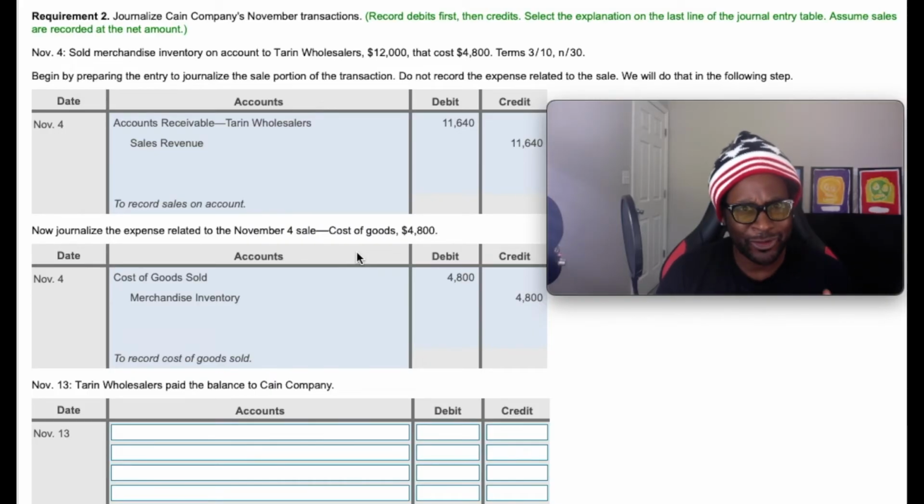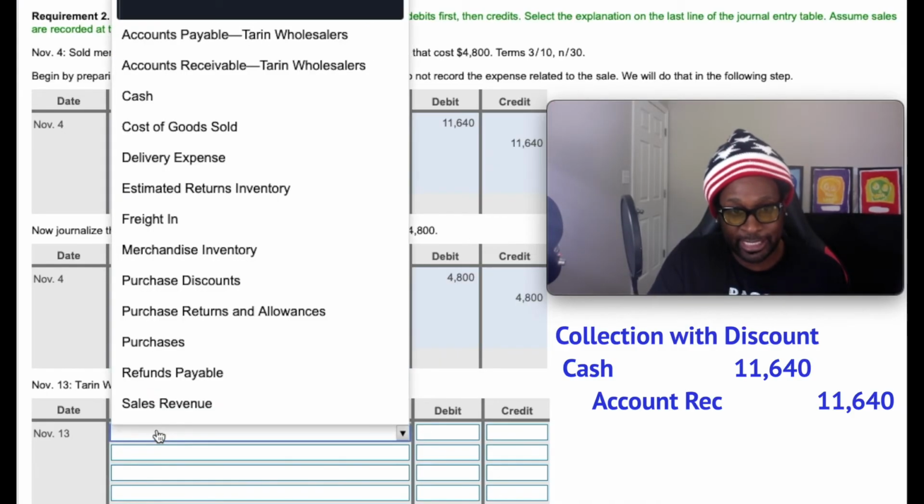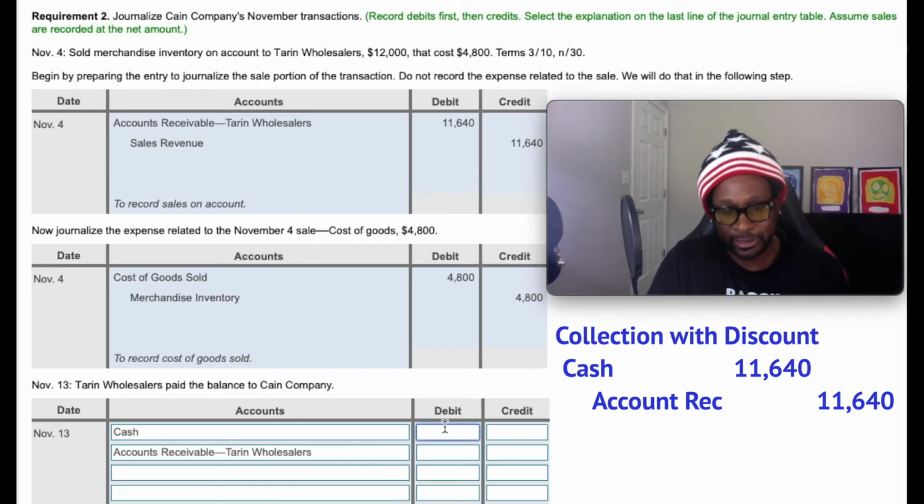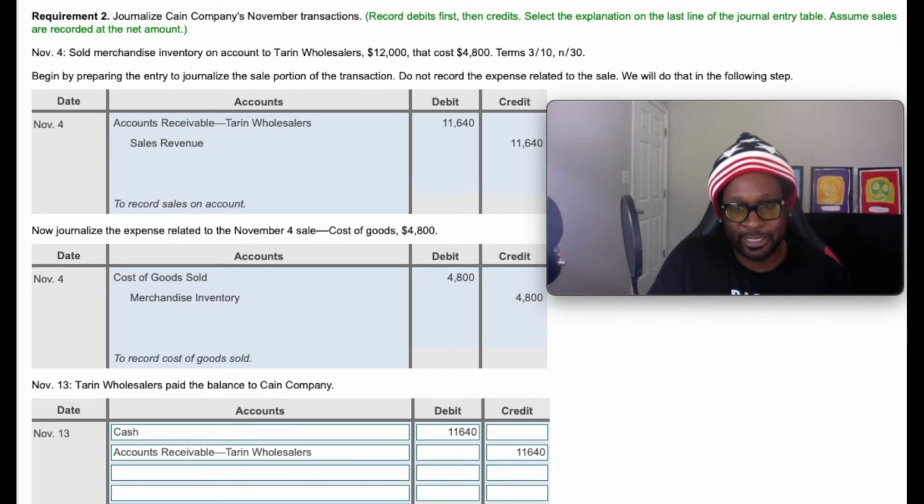So since we already assumed initially in the sales transaction that the buyer was going to take advantage of the discount, we're simply going to record this transaction at the already net amount, which means that we're going to debit cash and credit accounts receivable for the $11,640. We're going to check our answer.